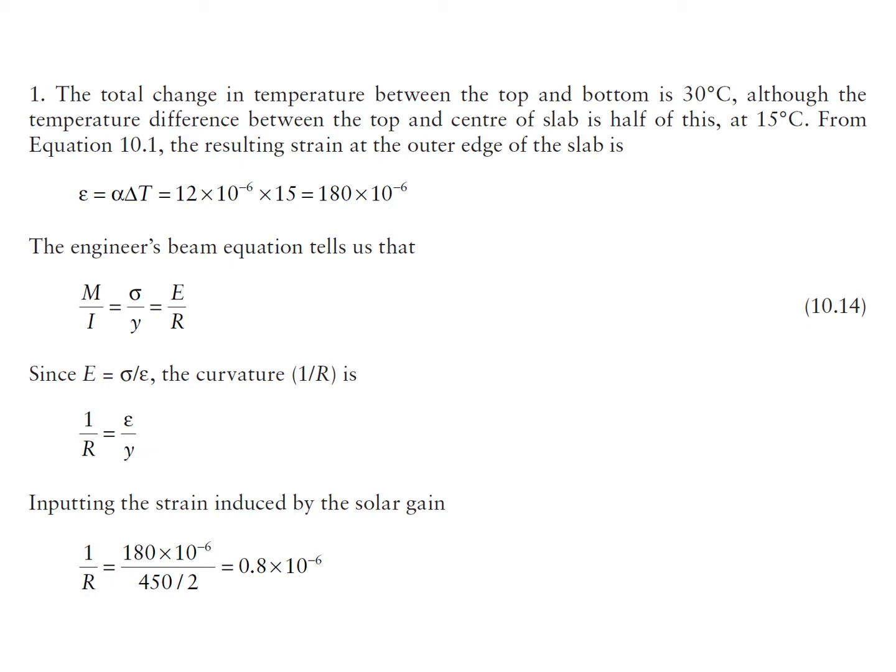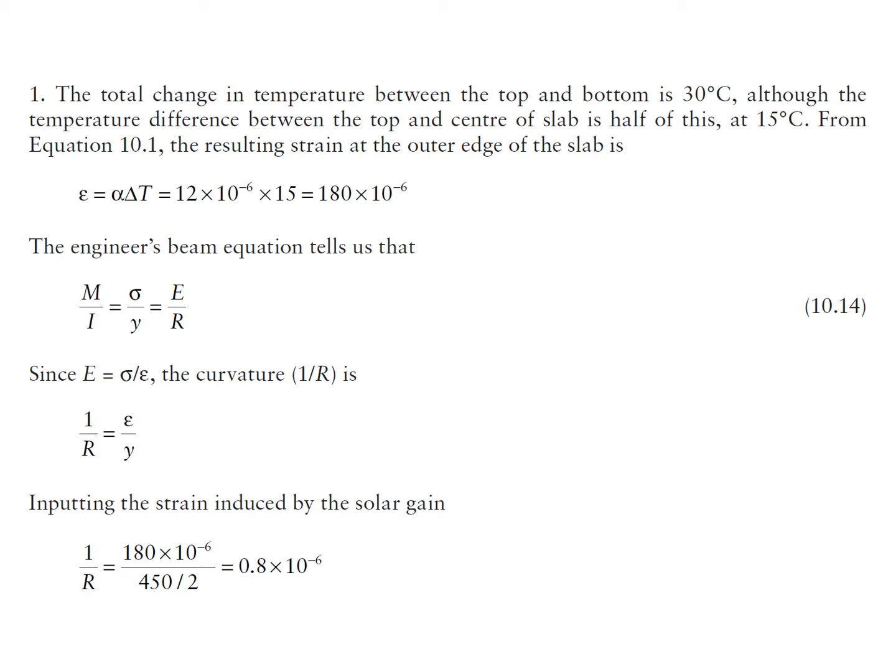The famous engineer's beam equation tells us that M over I is equal to sigma over y is equal to E over R. Since E is equal to the stress sigma divided by the strain epsilon, the curvature is equal to epsilon over y.